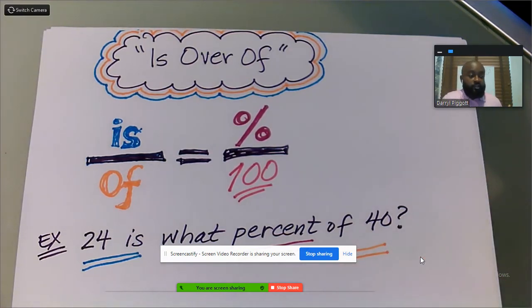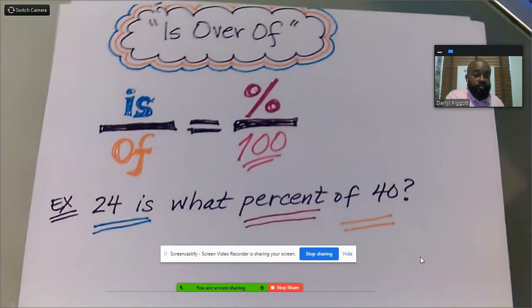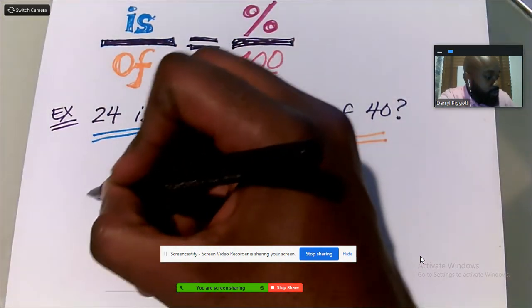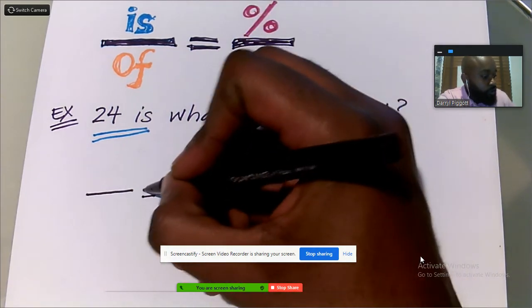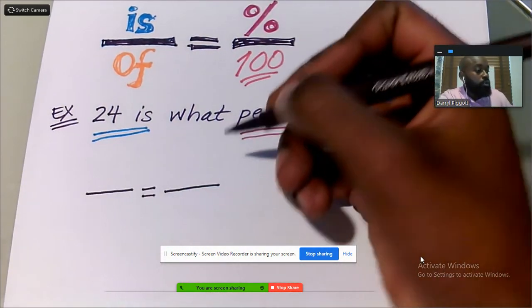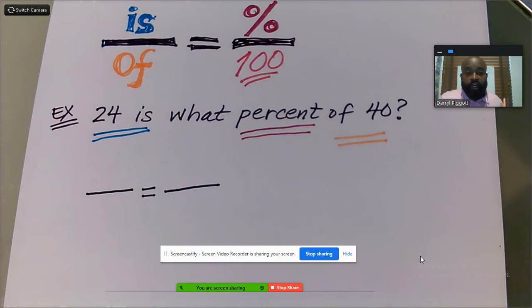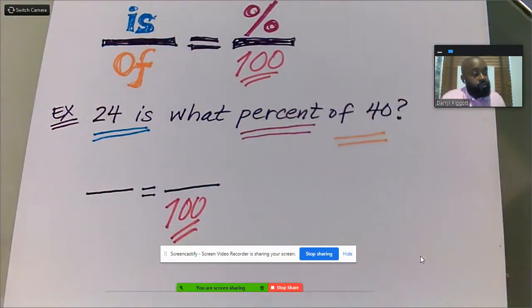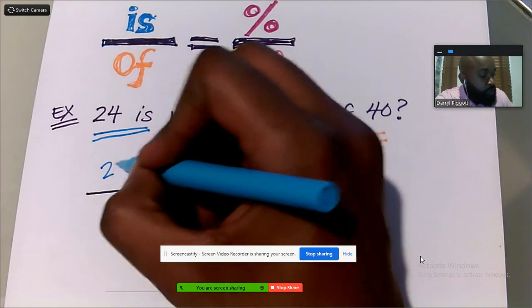As we set up this proportion, we just got to figure out what is the is, what is the of, and we know that the number in this bottom right is always 100. Always 100. Okay, so in this problem, we said 24 is, so 24 goes in the is spot.